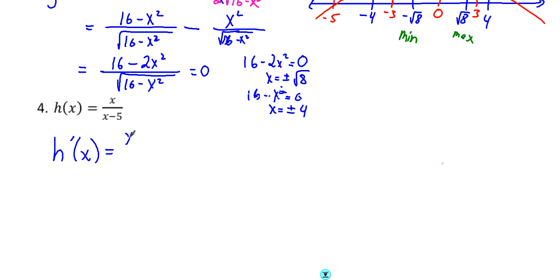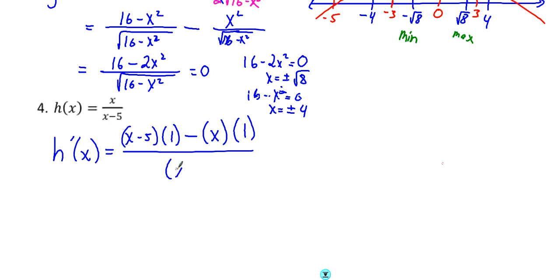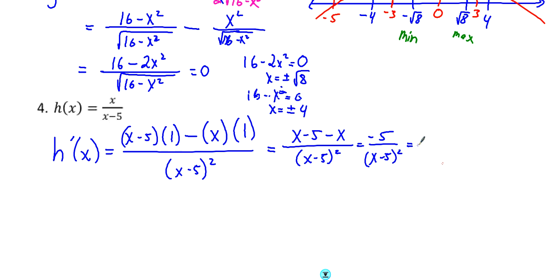So it's low, x minus 5, times the derivative of the top, which is 1, minus the top, times the derivative of the bottom, which is 1, all over x minus 5 squared. Okay, and then when we simplify, we get x minus 5 minus x over x minus 5 squared, which gives us negative 5 over x minus 5 squared.